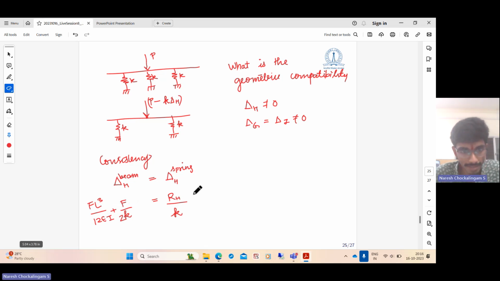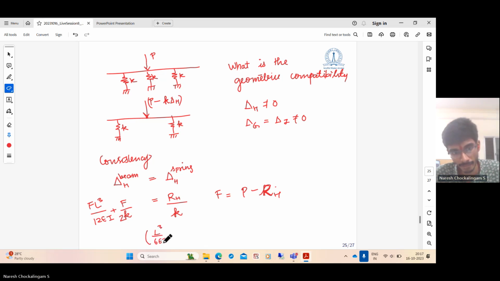But what is F in this case? Now F is equal to P minus RH. So K delta H is nothing but F is equal to P minus RH. So substitute everything into this. So we get 1 by L cube by 6EI plus 1 by 2K times P minus RH is equal to RH by K. Just rearrange.